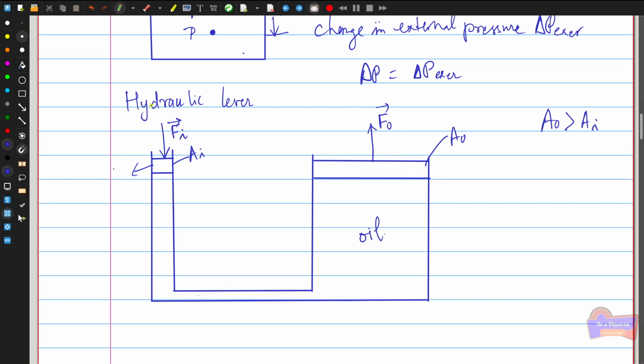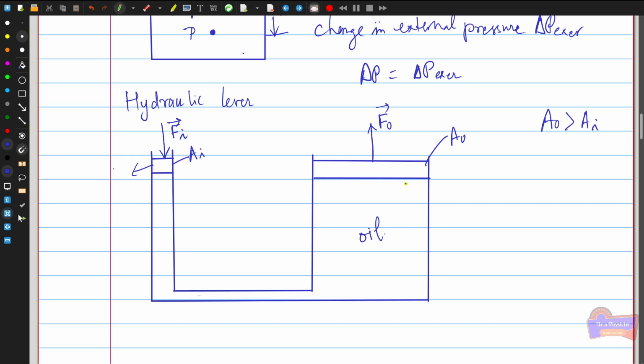Suppose an external force of magnitude F_i is directed downwards on the left-hand side piston, so you apply an input force on the surface area A_i. Since it contains the incompressible fluid, it produces an upward force of magnitude F_o on the right-hand side of this apparatus, which has the area A_o.